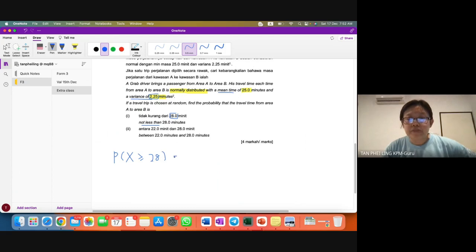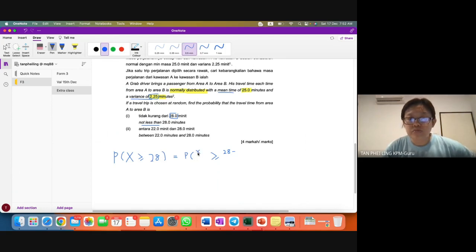So let's start. We need to change this X event to a Z score, right? So how to change it to a Z score? We have to take it as 28 minus mu. Remember, minus mu. I can write it like this, so that you are clearer.